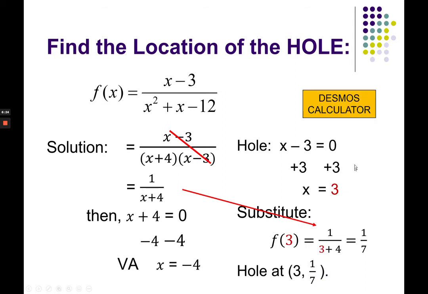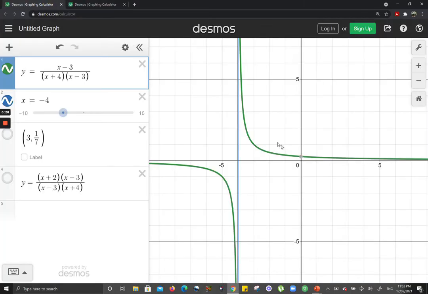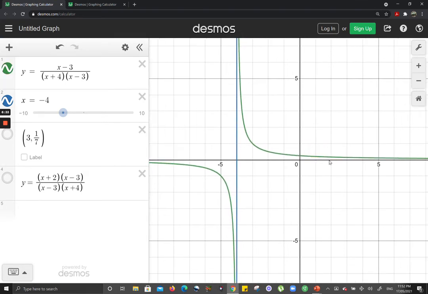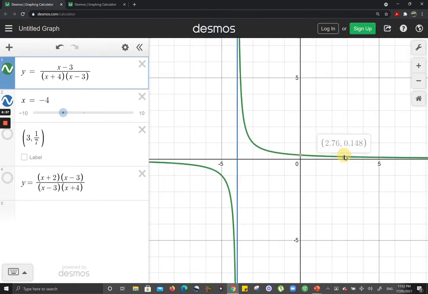So let's go back to your calculator. Remember, the hole is at x equals 3. We can make it bigger. Now, how do we find the location of it?